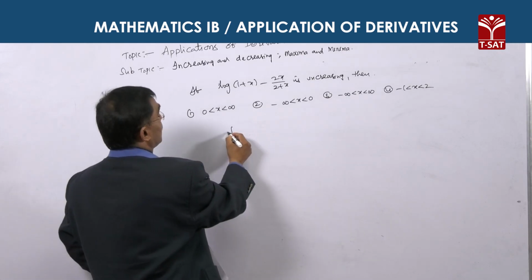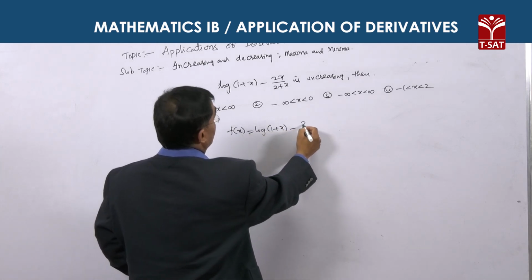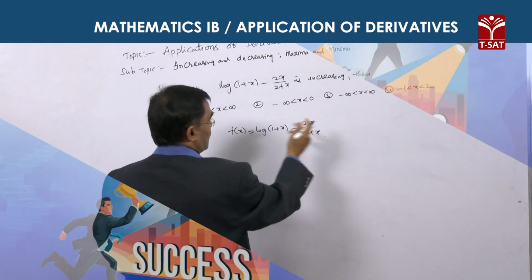So the given function is f(x) = log(1 + x) minus 2x by (2 + x).